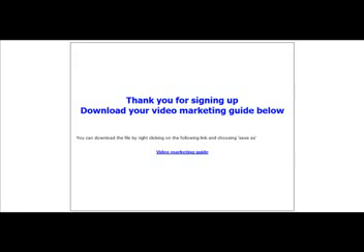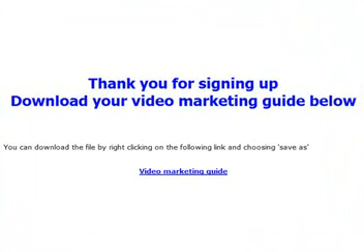So here's an example of a thank you page, and you can see it's got a thank you for signing up headline at the top, and it says download your video marketing guide below. And also there's another sentence here which says you can download the file by right clicking on the following link and choosing save as.